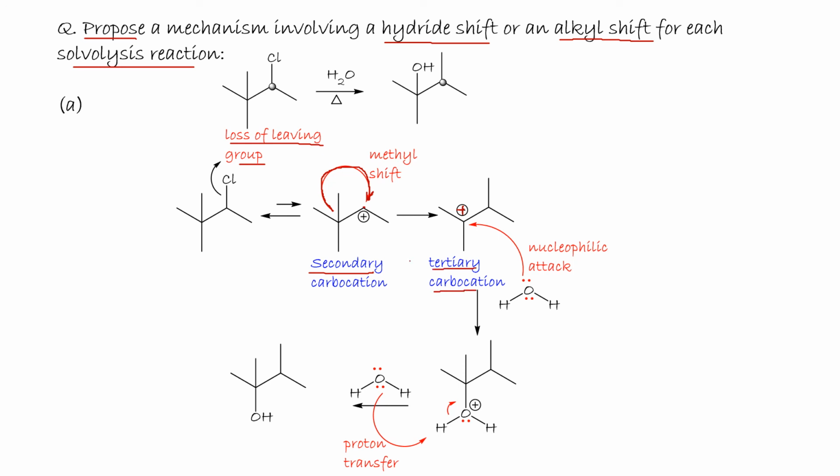Tertiary carbocation is more stable than secondary. Then this carbon will be attacked by the nucleophile water molecule, forming this oxonium, followed by proton transfer to give the final product.